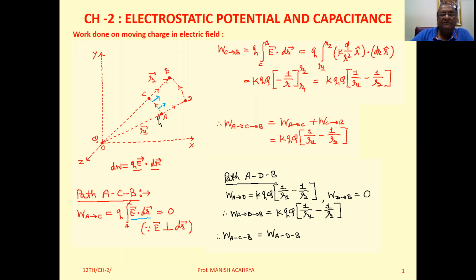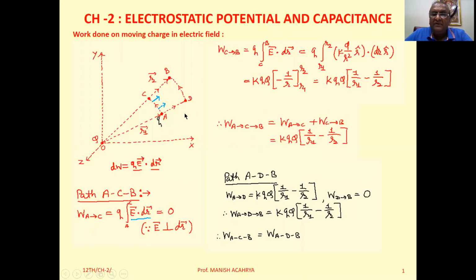It implies that the work done to move charge q in an electric field from one position to another does not depend on the path chosen, but only on the initial and final position. Which path you take to move it from one point to another is not important. The total work done depends only on the initial and final position. Clear to all of you?